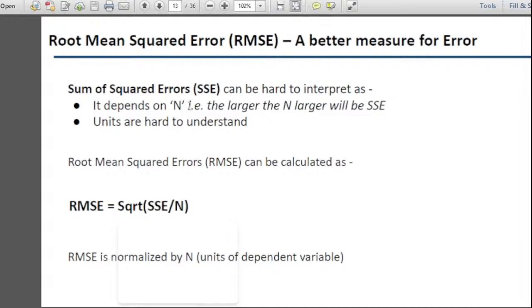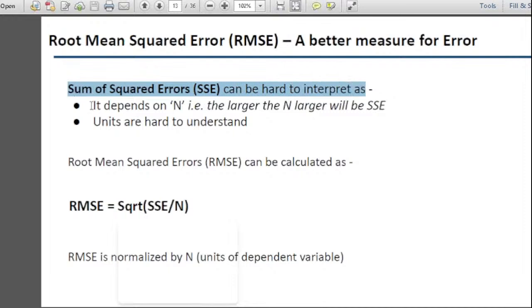Okay. Now coming to, as I mentioned, root mean squared error is a better measure. But yeah, we use SSE, we use RMSE, all these we use in different industries depending on the practice they are doing and depending on their own other reasons also, right? What is best could depend also on the type of product, right? Various other reasons. So SSE can be hard to interpret.